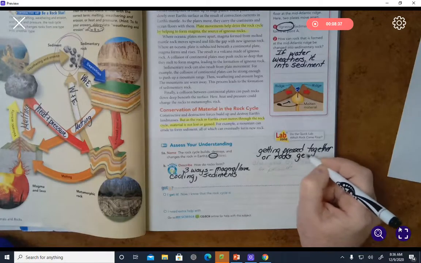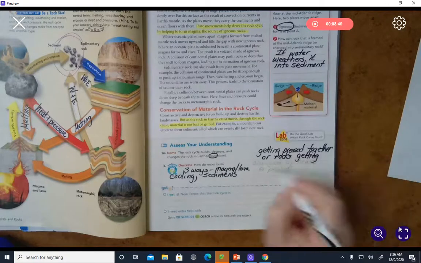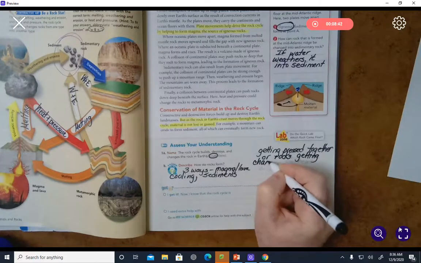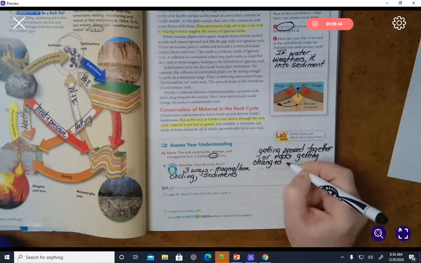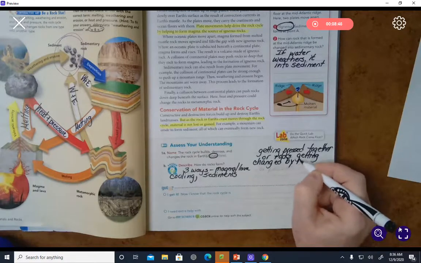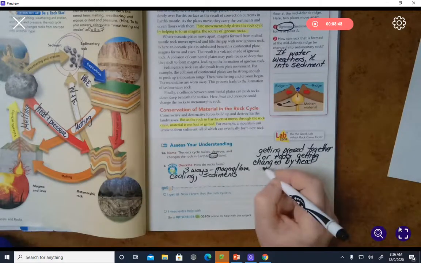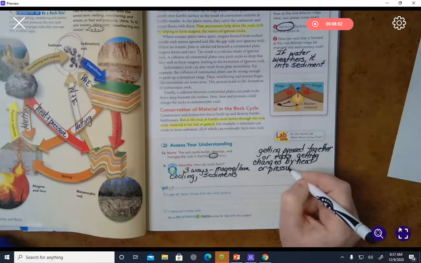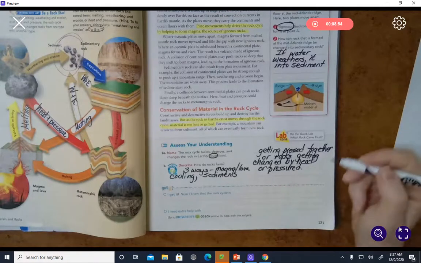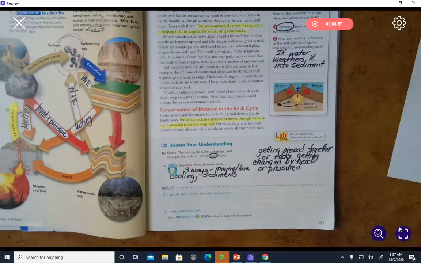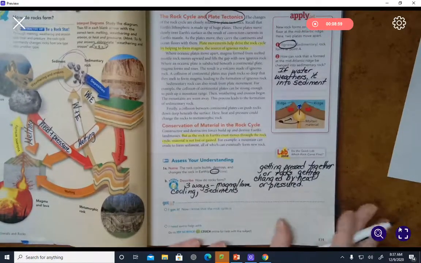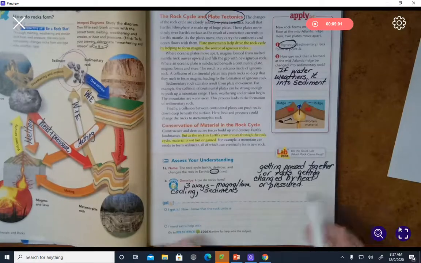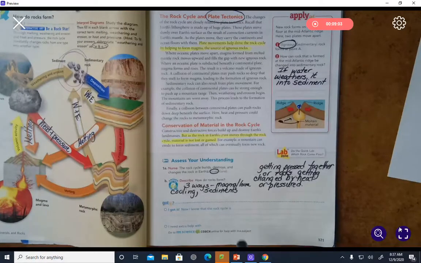It's actually in the word metamorphic, getting changed by heat or pressure. It does not have to be exactly my wording. It's better, and you'll remember it better if it's in your wording. If you didn't do it at all and you're just copying mine, it's better than leaving it blank. However, it'll be a little bit harder to remember.